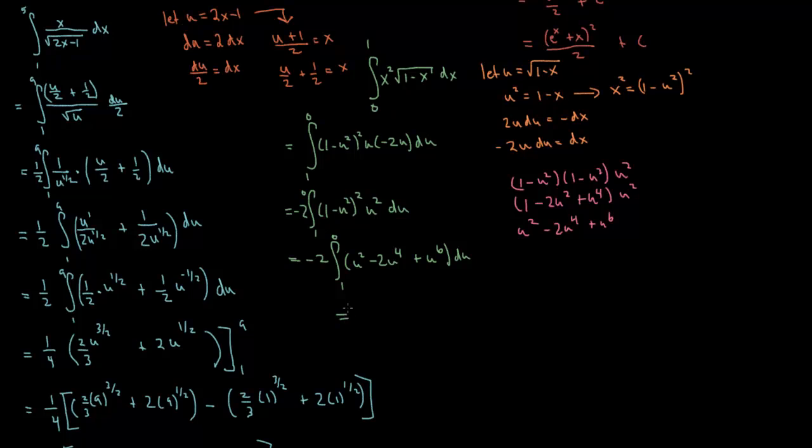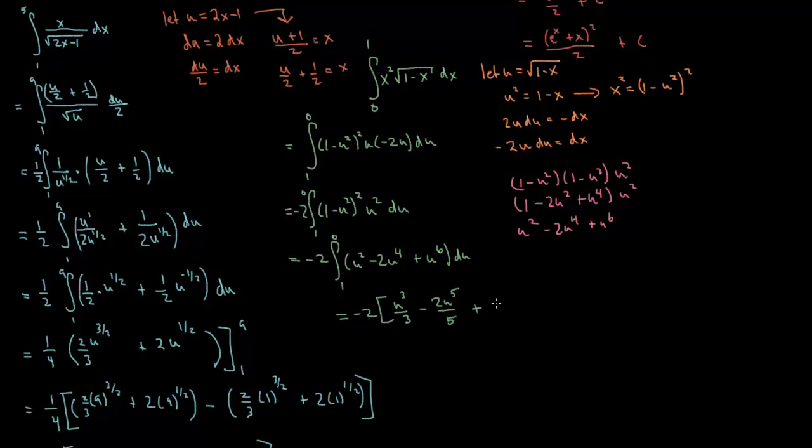So let's see here. We have negative 2 out front, of course. Now let's find the antiderivative. The antiderivative of u squared, that's easy. U cubed over 3 minus, okay, let's see, the antiderivative of u to the 4th is u to the 5th over 5, but we have a 2 out front, so that's negative 2u to the 5th over 5.